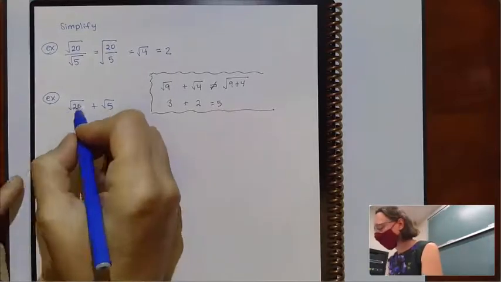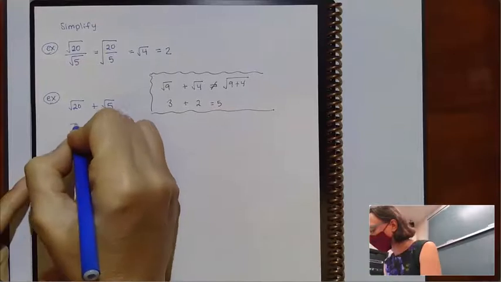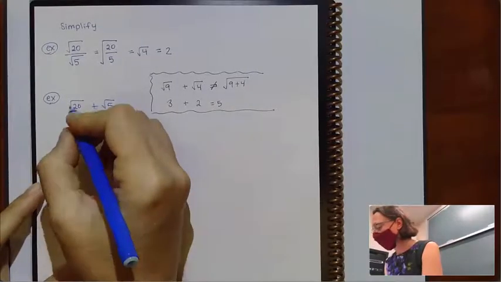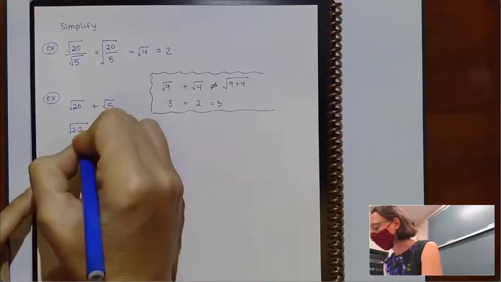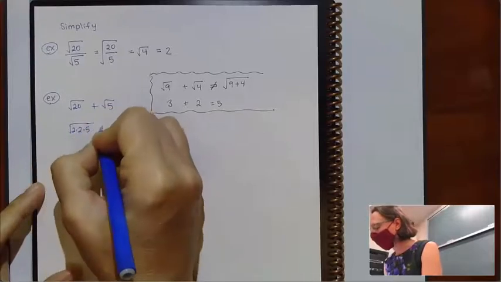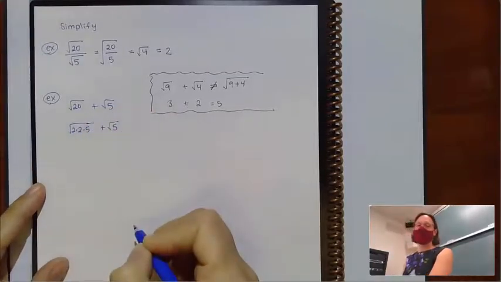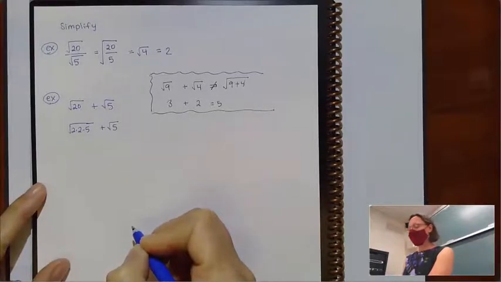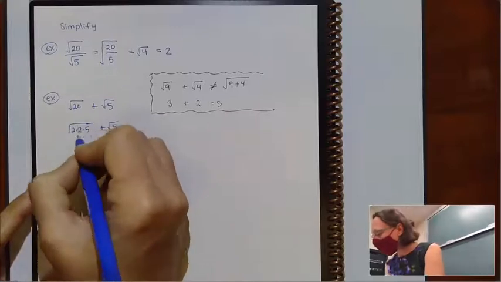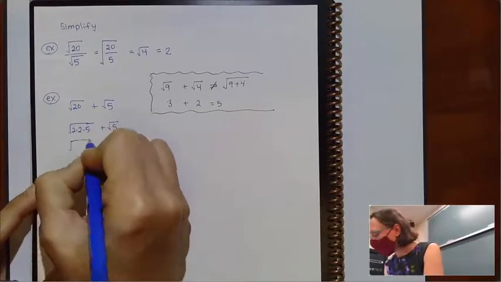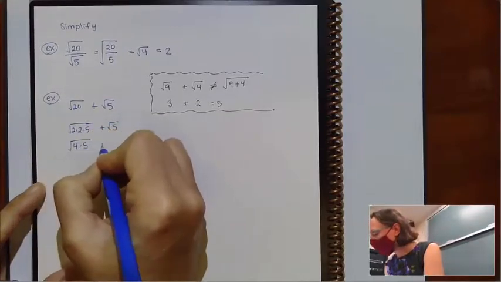If I had to factor that 20, I would factor that 20 as 2 times 2 times 5. There are lots of different ways to conceptualize this, but I'm going to write that as the square root of 4 times 5.